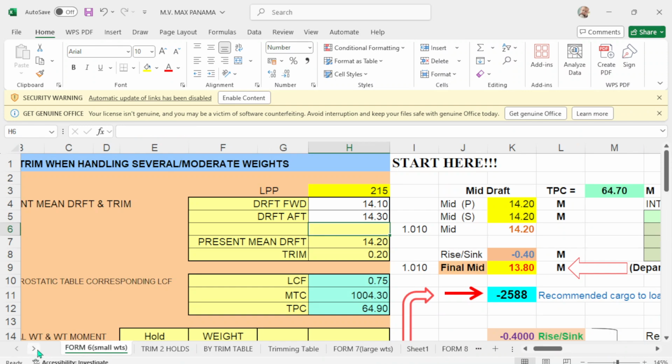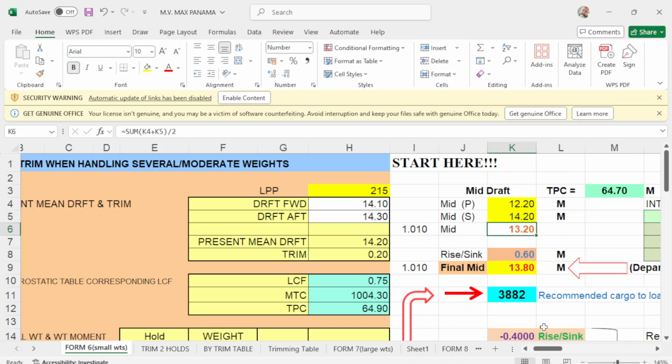Then, since you have already your mean draft here, you take the actual draft in your port and starboard mid draft, which has no list, of 14.20, and actual starboard reading of your mid draft is 14.20, for example.